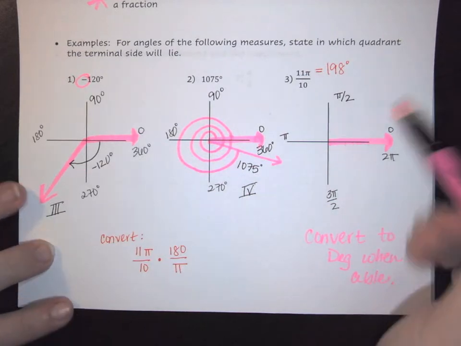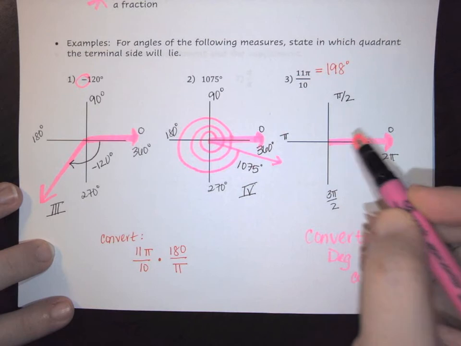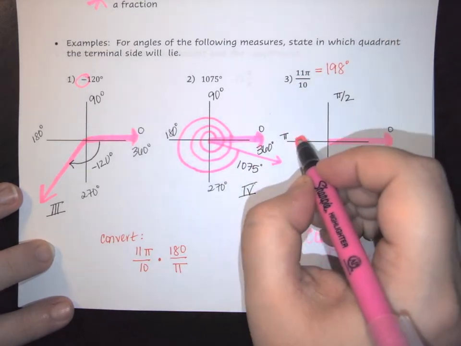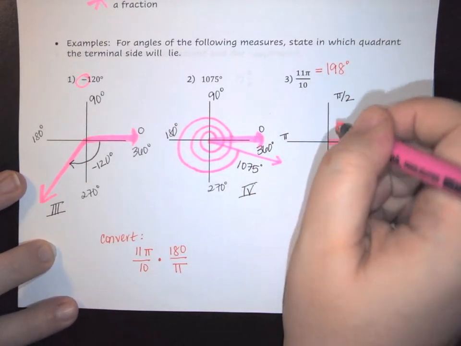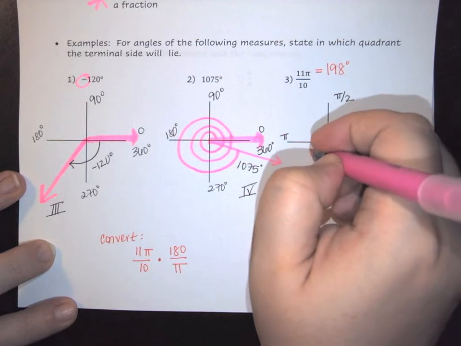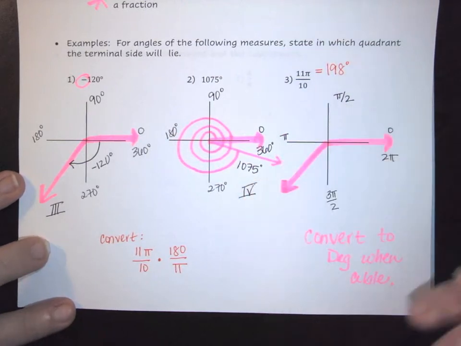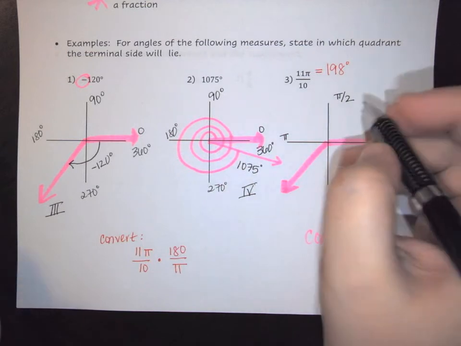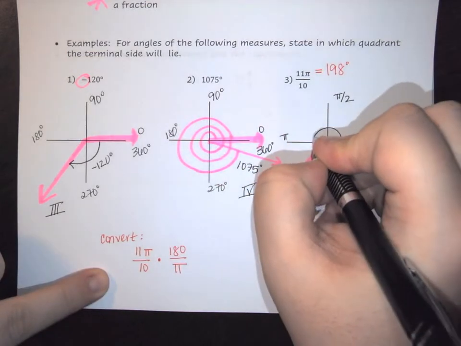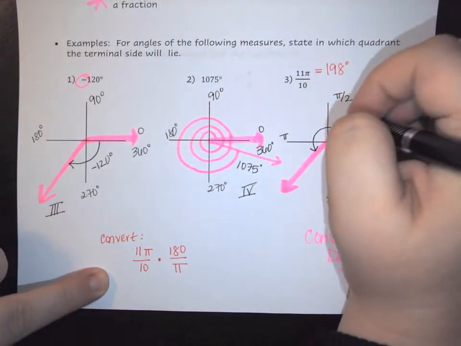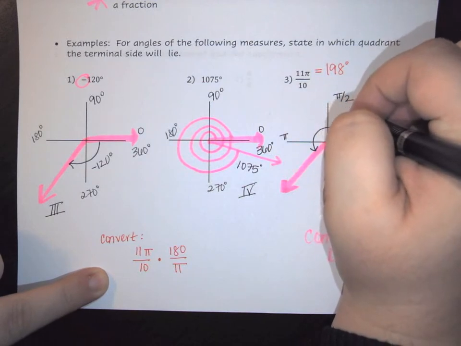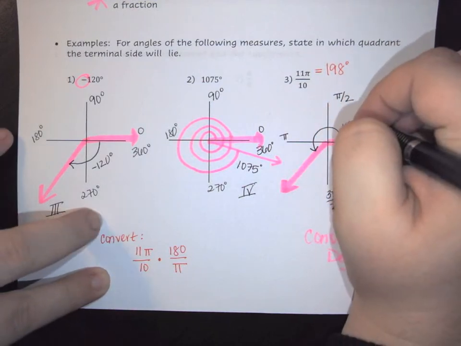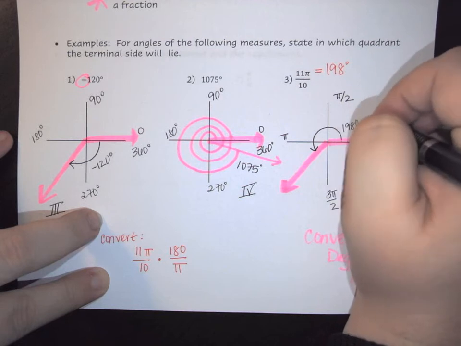So we would start here at 0, come up to 90, come over to 180, and come down to 198. In this case, we did a positive measure, so we went in this direction, 198 degrees, which was the same as 11 pi over 10.